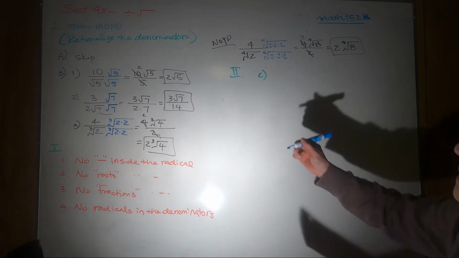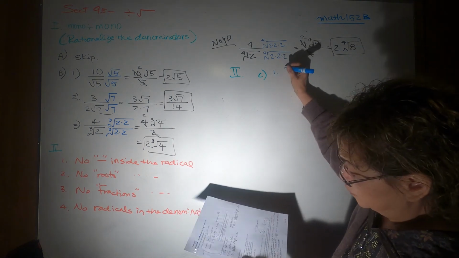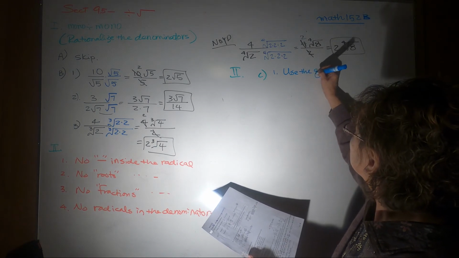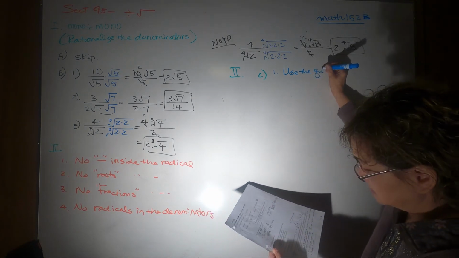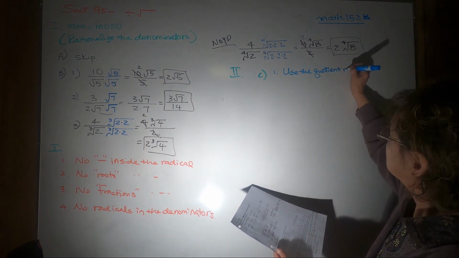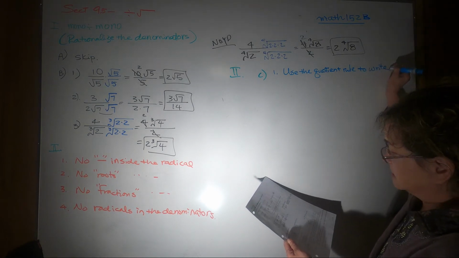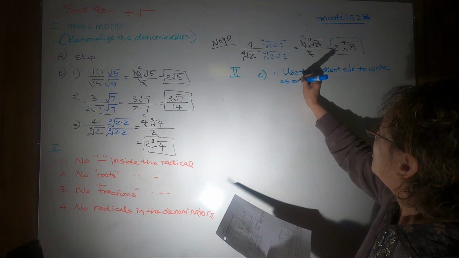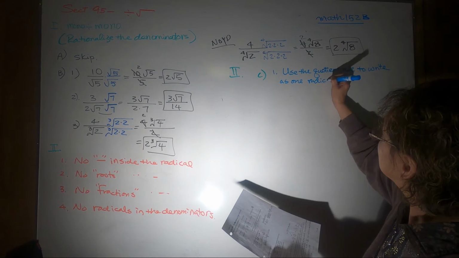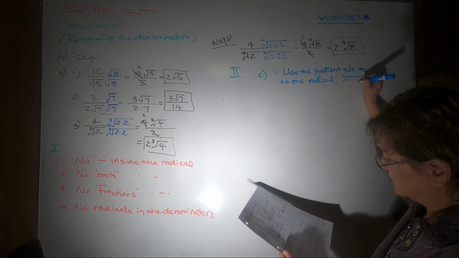So you can use the quotient rule to write as 1 radical, like this, right?